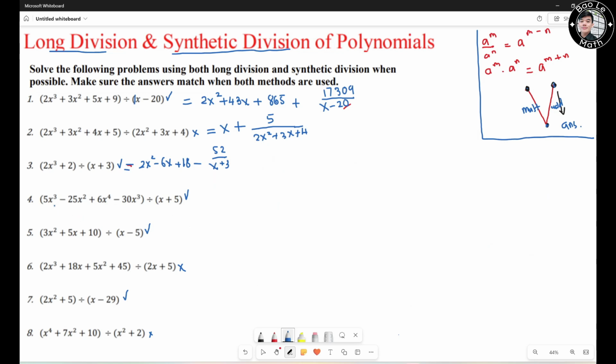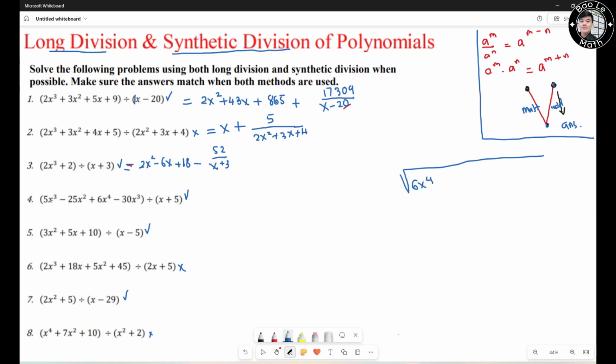Now let's move on to number 4. We're going to do long division for this one. You need to pay attention to the order, and you need to rearrange the order first. The highest power is going to be s to the power 4, so s to the power 4 goes first. So it could be 6s to the power 4.